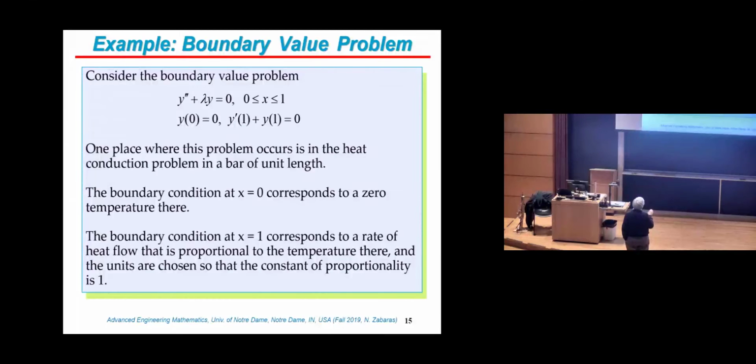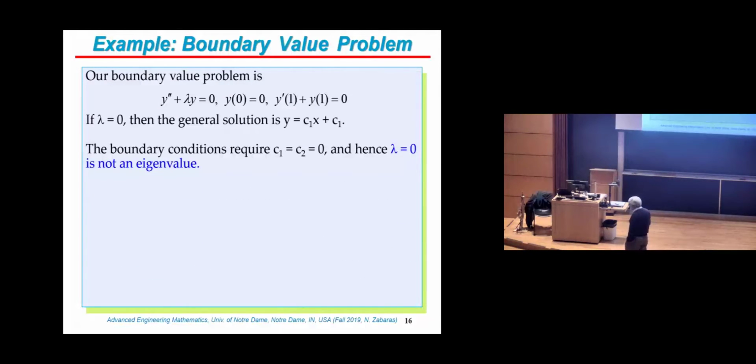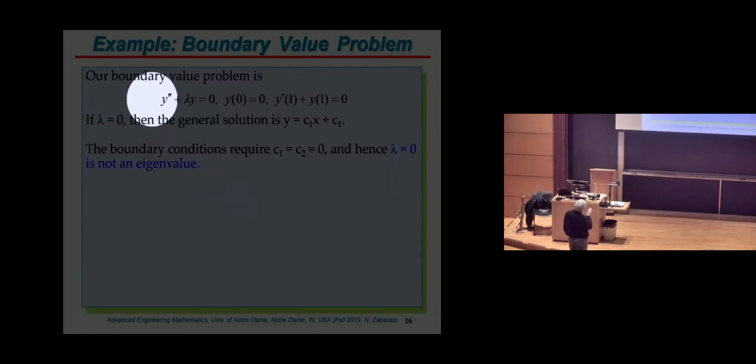And so let's try to solve it. Since we don't know what values lambda has, let me assume that lambda equals 0. Then the equation becomes y double prime equal to 0, so the solution is linear. If you put y at 0 equal to 0, obviously C1 is going to be equal to 0.